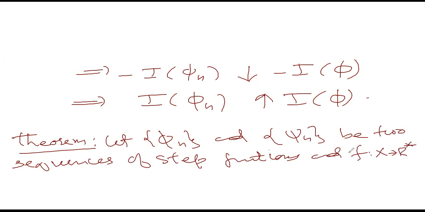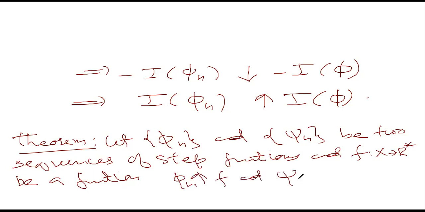R star means the extended real valued functions. Let them be such that phi n increases to f and psi n also increases to f.